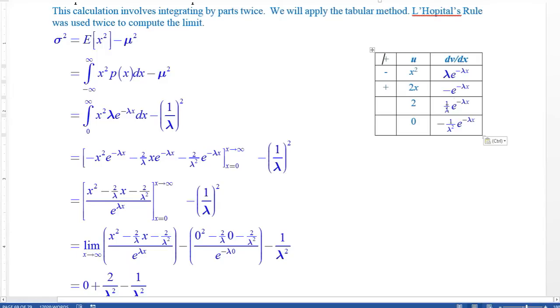So every time we take an antiderivative on the right, we end up just multiplying by minus 1 over lambda. So this goes from lambda to minus 1, then to positive 1 over lambda, then to negative 1 over lambda squared for the coefficient.